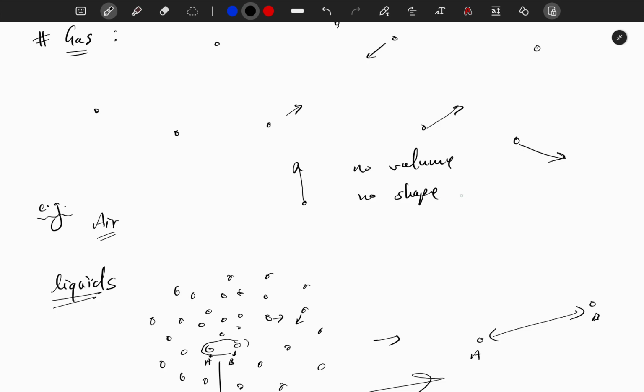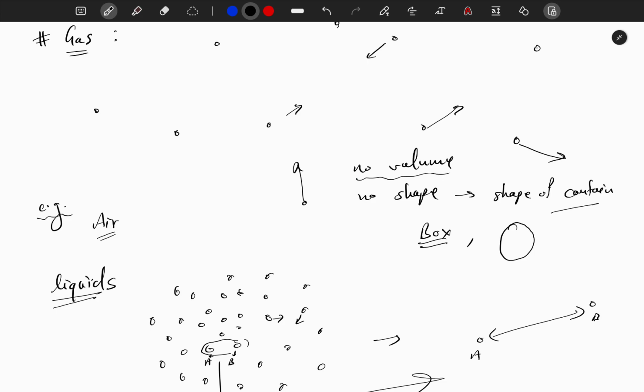So they will take the shape of the container. If you put a gas into a box, it will take the shape of the box. If you contain gas in a balloon, it will take the shape of a spheroid.